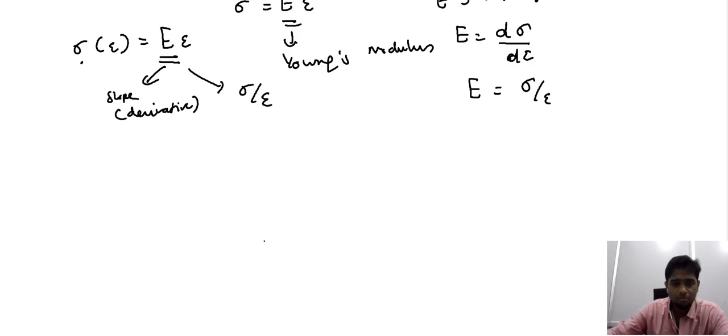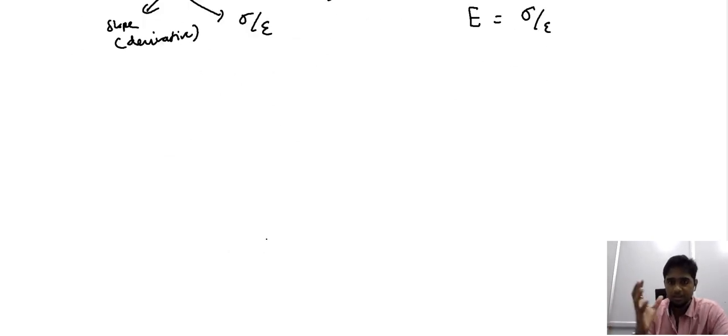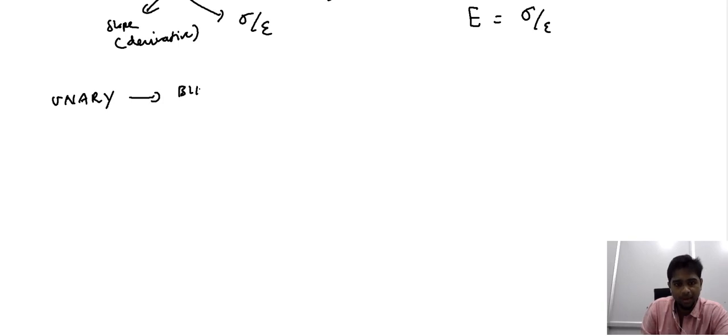Now, let us move away from the initial consideration of unary system. So let us relax this initial consideration of unary system and move on to a binary system. So as the name indicates, the binary system now comprises of two components. The unary system comprised of a single component, so it is of a pure form.